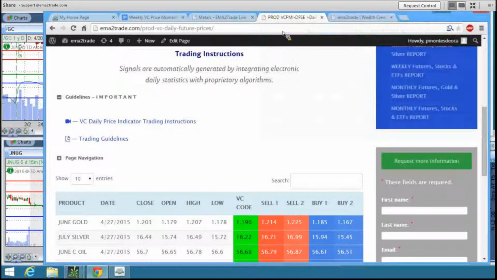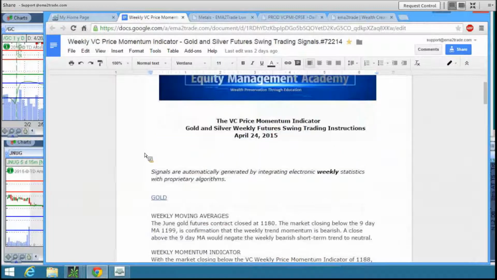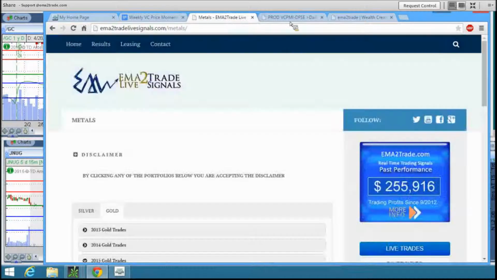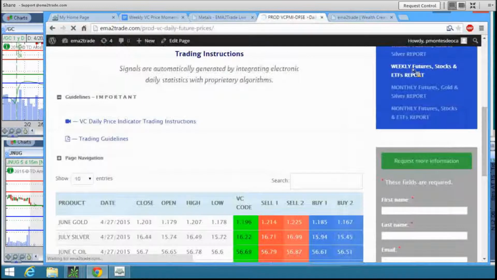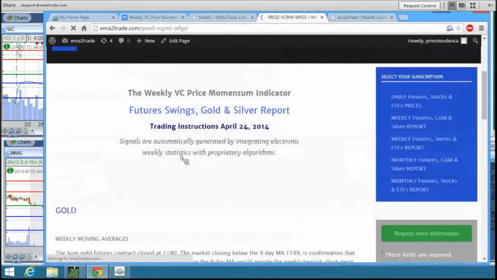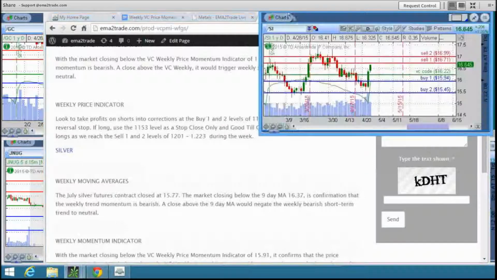If we take a look at the weekly report, we're going to switch to the weekly swings report, and we're going to take a look at silver and basically see what the silver market had in store for us as we came into this week.